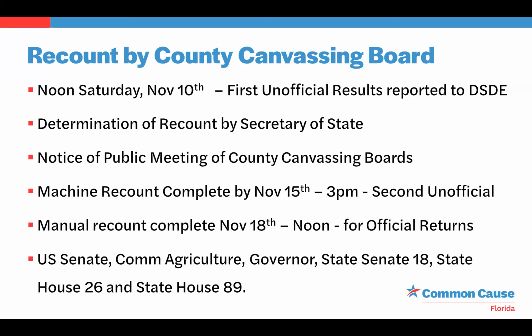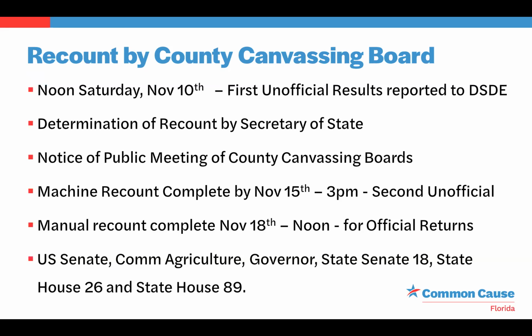On noon, Saturday, November 10th, the 67 supervisors of elections provided to the Division of Elections their first unofficial results of the general election of 2018. Then the Secretary of State had to do a little math, and if he determined that the vote difference between candidates was less than 0.5%, he needed to order a machine recount of the ballots.